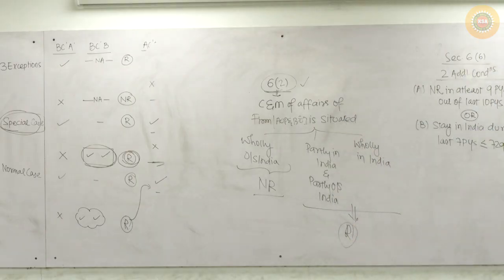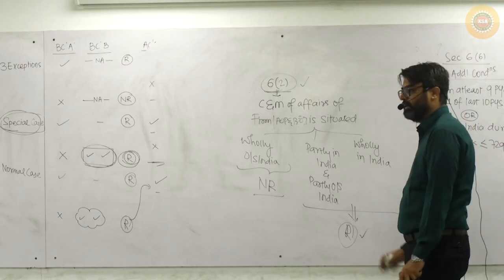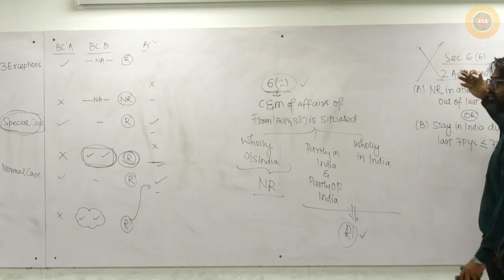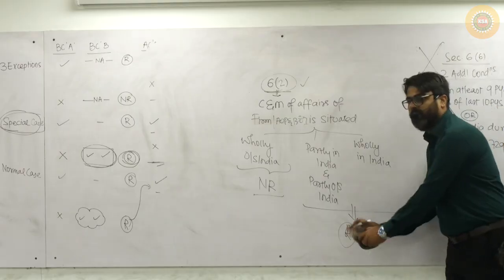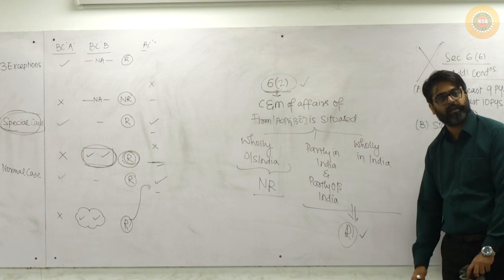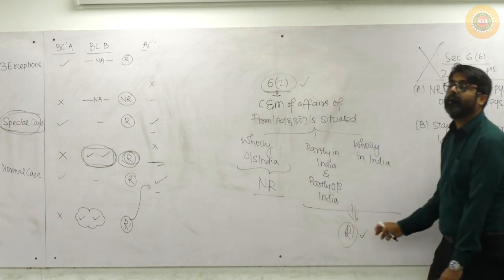Once the firm or AOP becomes resident, there is no option given to become RNOR. Hence, this condition is not applicable. Here the answer will be over. Always resident and always ordinary. Either non-resident or resident.